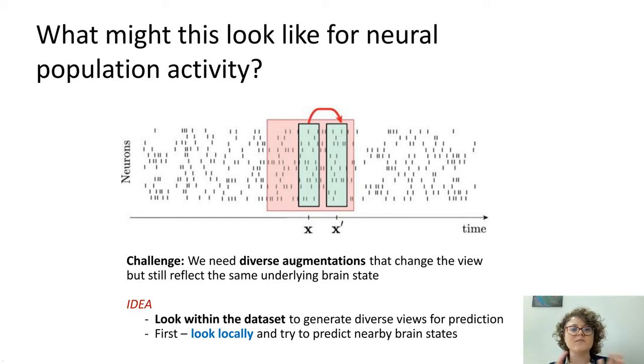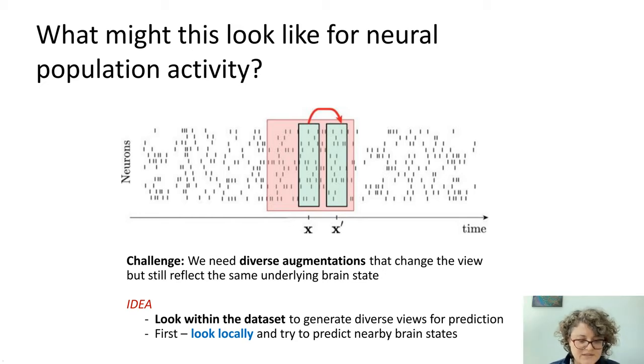X and X prime could be defined as either some forward steps or backward steps, or some random view within a local window in time. That gives us at least an initial idea of how we might map this idea of information maximization-based learning into a neural framework.